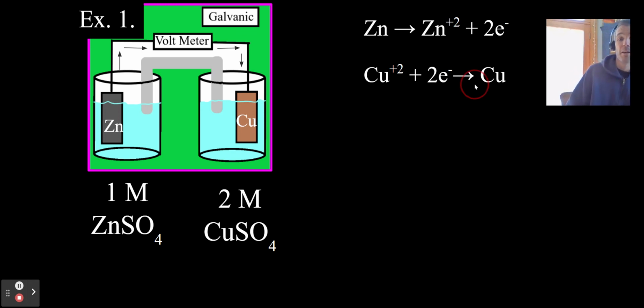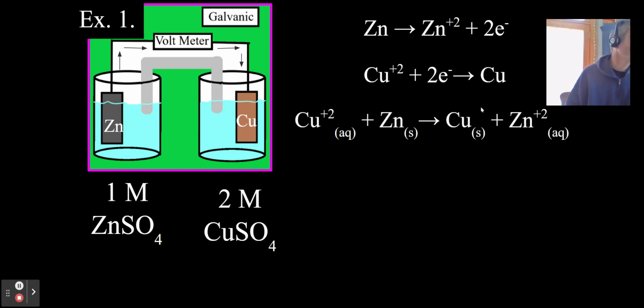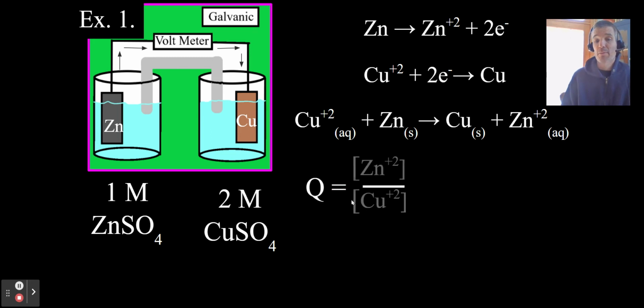This is my reduction. The copper one is my reduction. That's going to give me this expression, the net ionic equation. And remember that when I write my reaction quotient, solids don't go into the equilibrium expression.